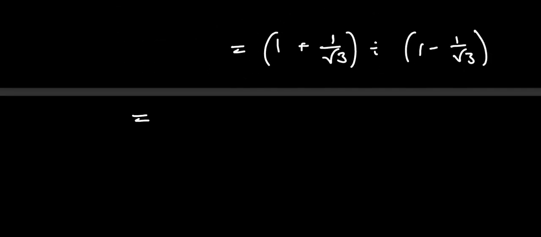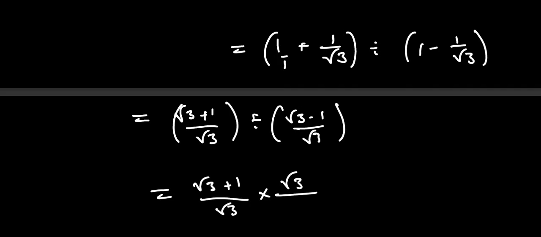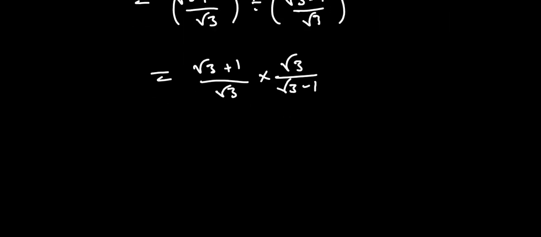The first one is simply going to be root 3 plus 1 over root 3, divided by root 3 minus 1 over root 3. This is equal to root 3 plus 1 over root 3, multiplying root 3 over root 3 minus 1. We cancel the root 3, so we have root 3 plus 1 over root 3 minus 1.